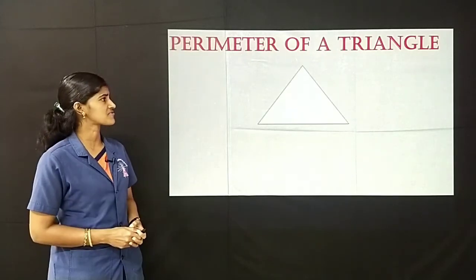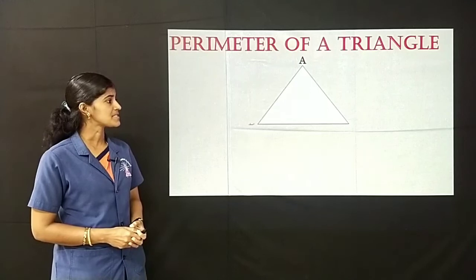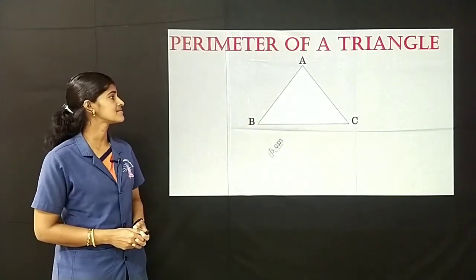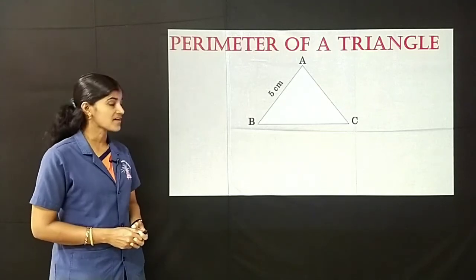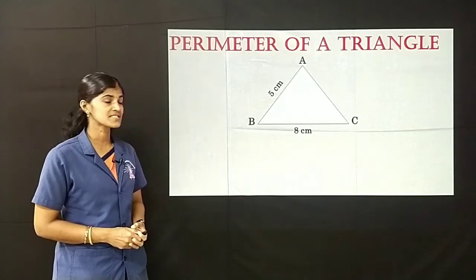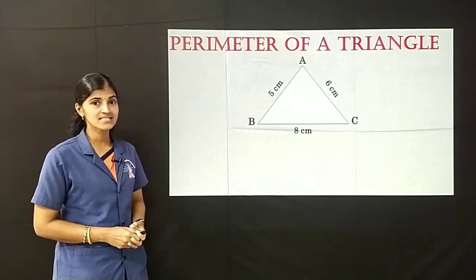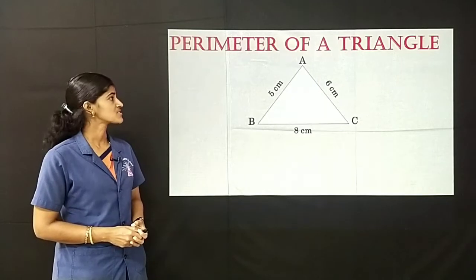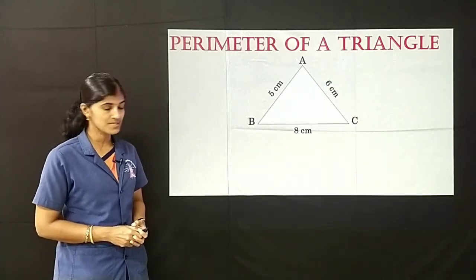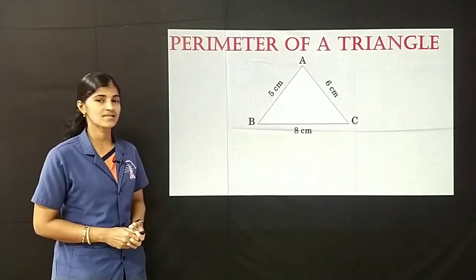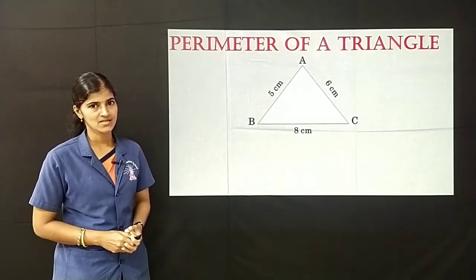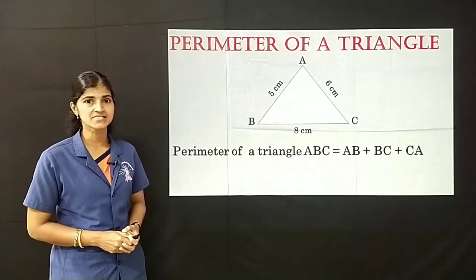I have given you a triangle ABC with lengths: AB is 5 centimeter, BC is 8 centimeter and AC is 6 centimeter. You can say even CB or BC. Now, how to find the perimeter of this?